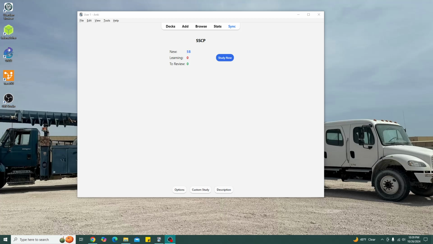Remember SCAP. SCAP is the Security Content Automation Protocol. It provides a standard framework for vulnerability assessment, and it includes the following components: CVE, CVSS, CCE, CPE, XCCDF. That's just vulnerability scanning stuff.